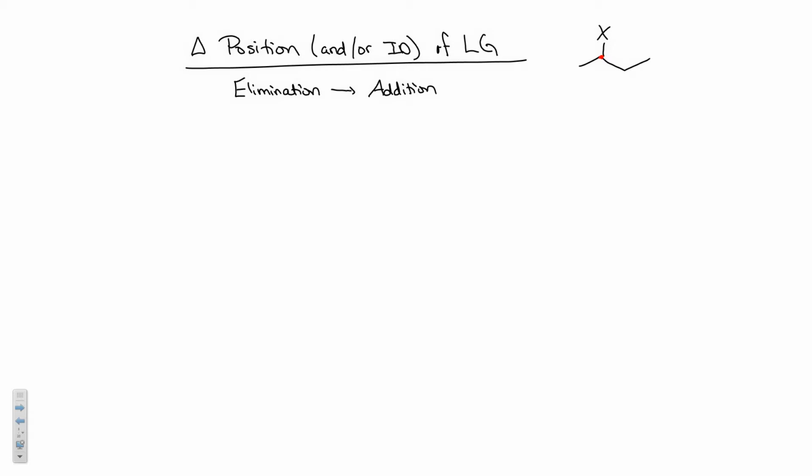So for example, if I treat this with sodium methoxide, then I'm going to get the Zaitsev product, right? If I treat this with tert-butoxide, I get the Hoffman product.